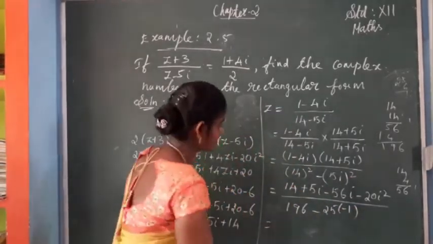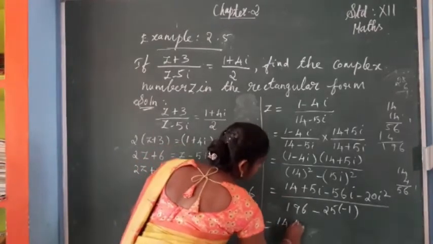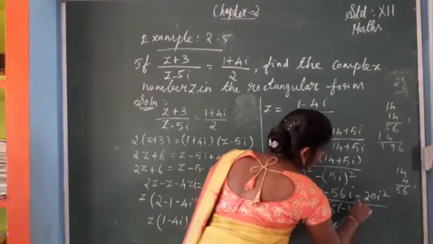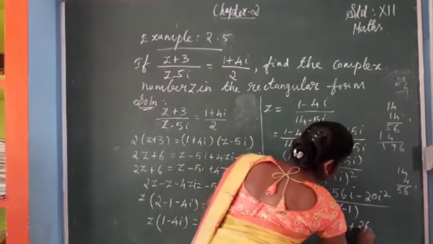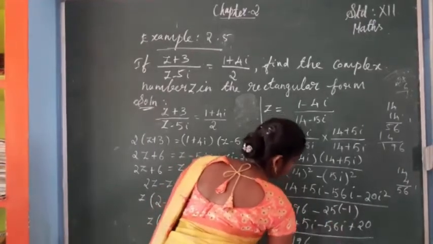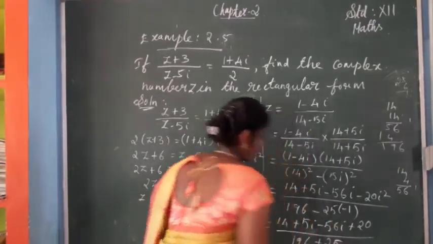That's equal to 14 plus 5i minus 56, minus the minus plus 20, divided by 196, minus the minus plus 25.